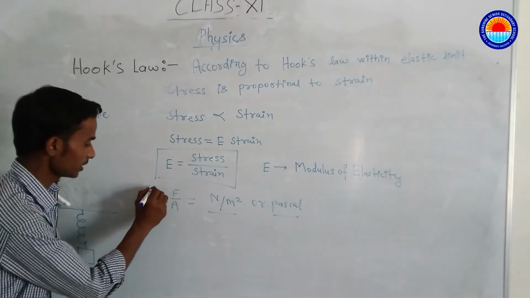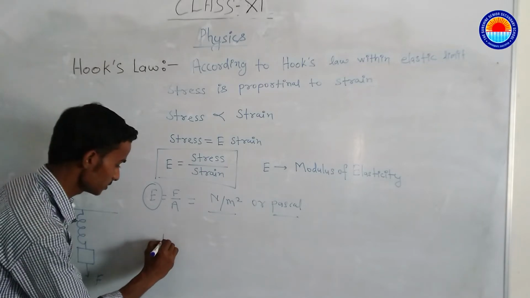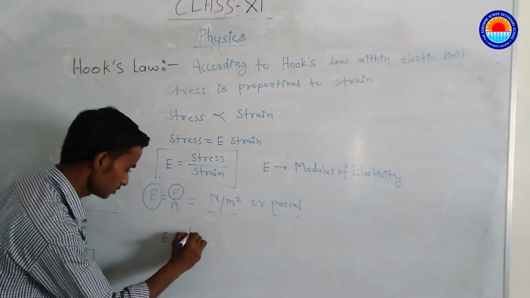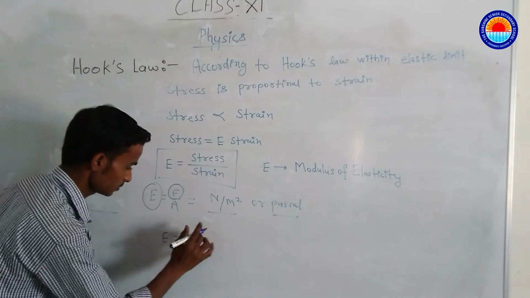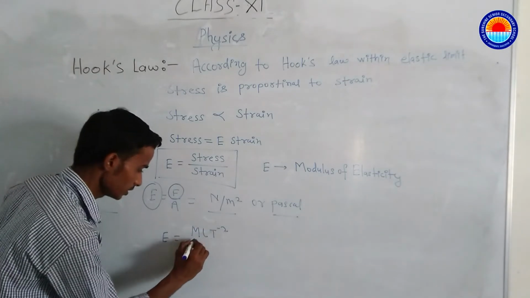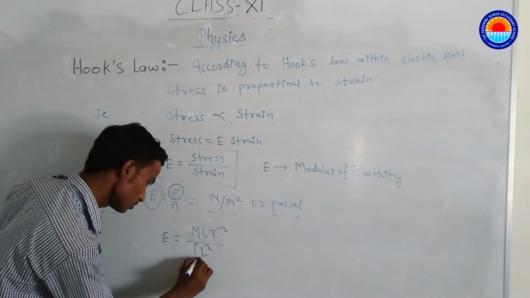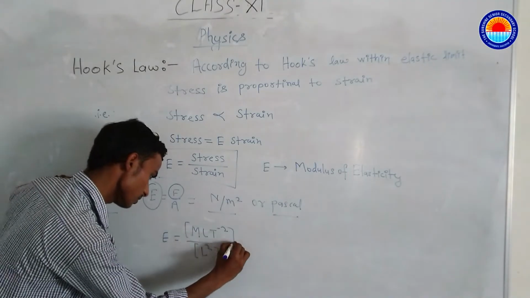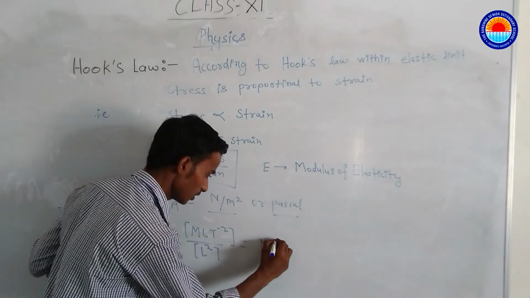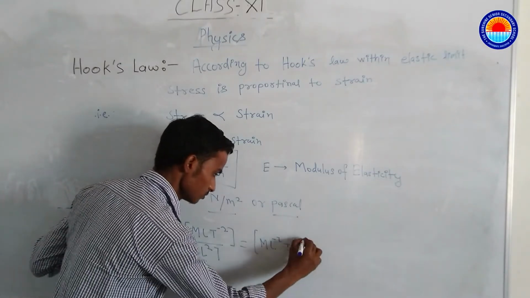And the dimension of modulus of elasticity: we know that the dimension of force is M L T power minus 2, and the dimension of area is L square. So the dimension of modulus of elasticity is M L power minus 1 T power minus 2.